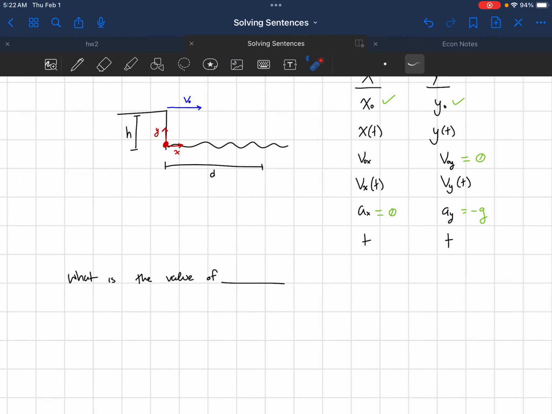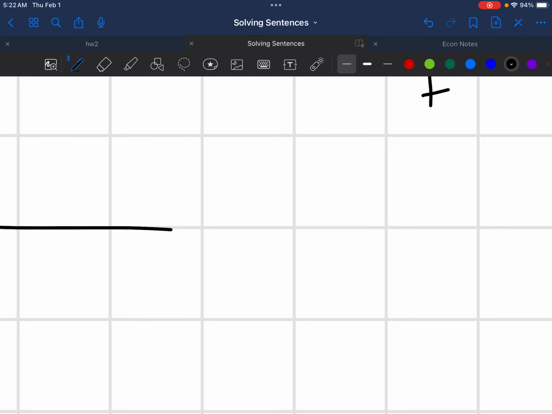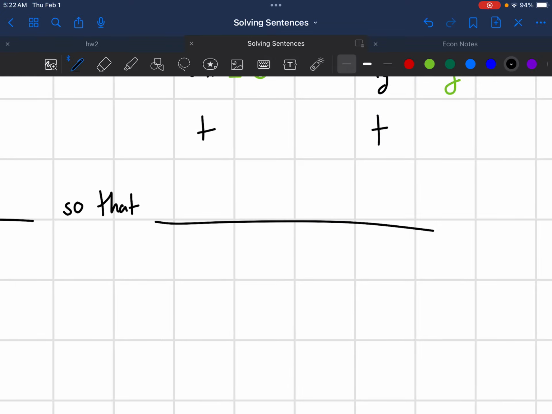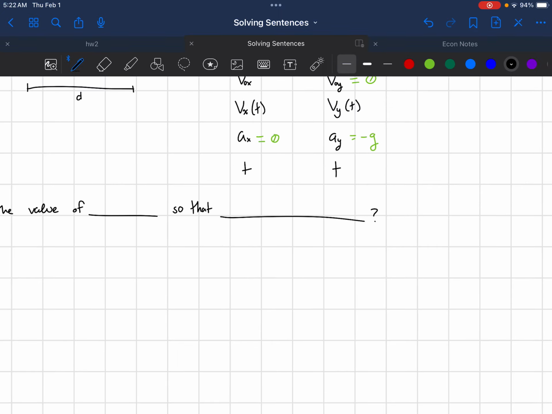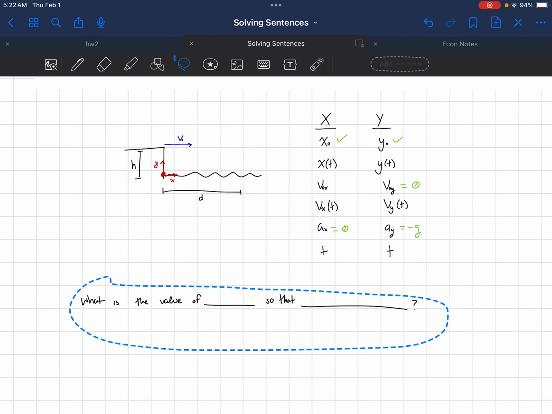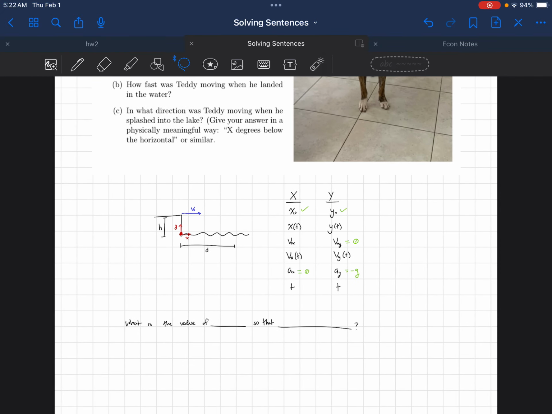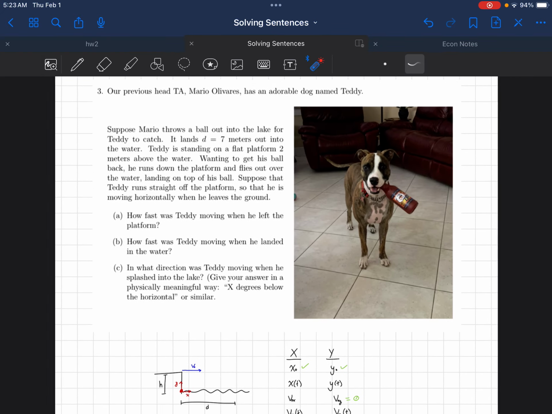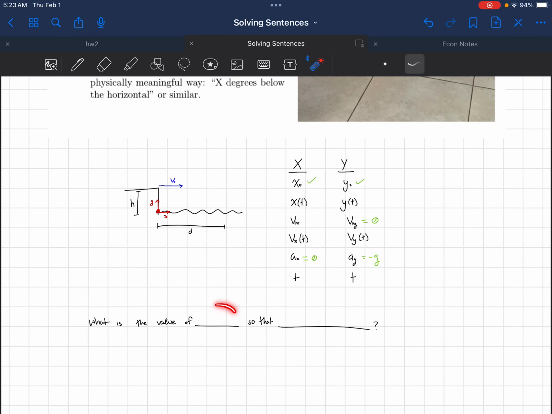In this kind of case, my sentence structure would be, what is the value of blank such that something happens, right? I want to know what I know to be true about the situation with the dog, and what velocity will make that happen.